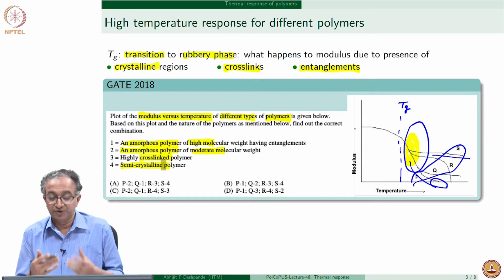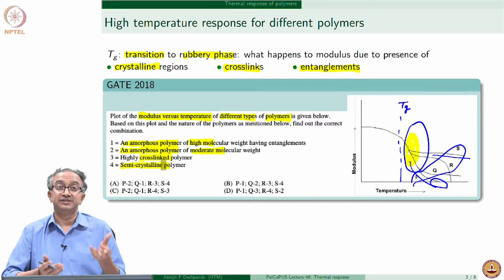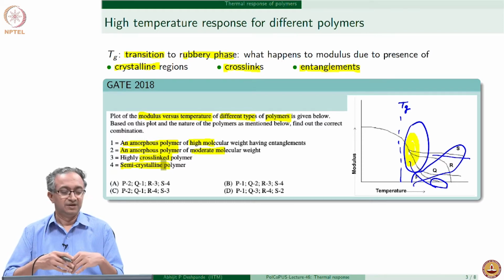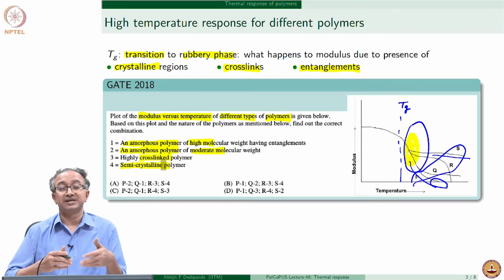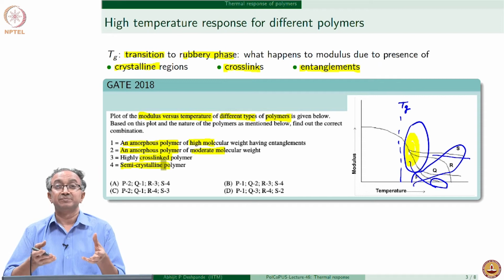So, is it possible for you to think of what happens when we have thermal energy available to the macromolecule, and if the macromolecule is constrained by cross-links, what happens? If the macromolecule is constrained by crystallinity, up to what temperature can this constraint remain?